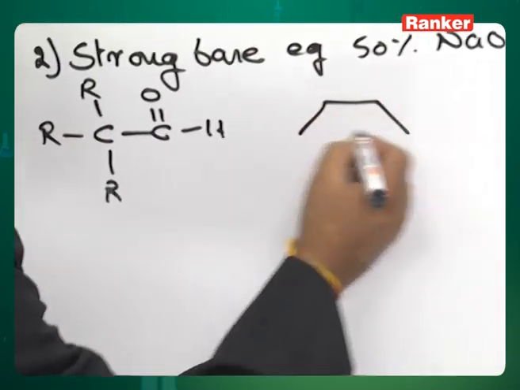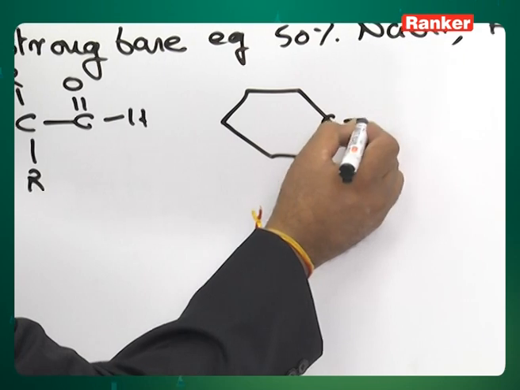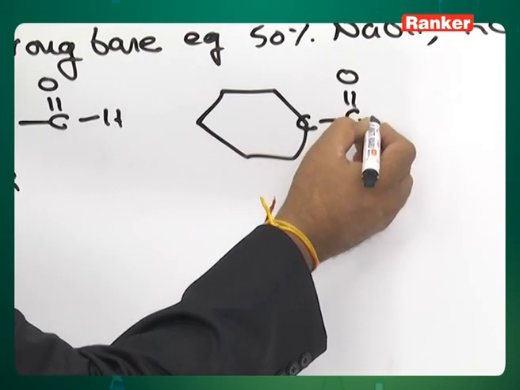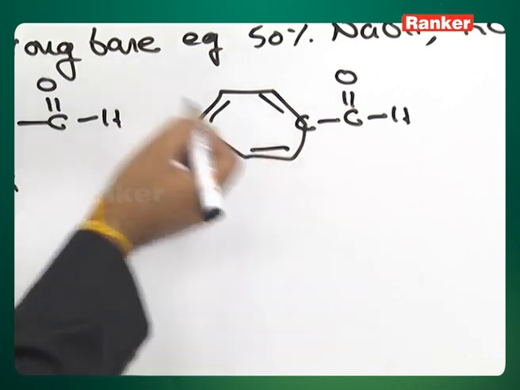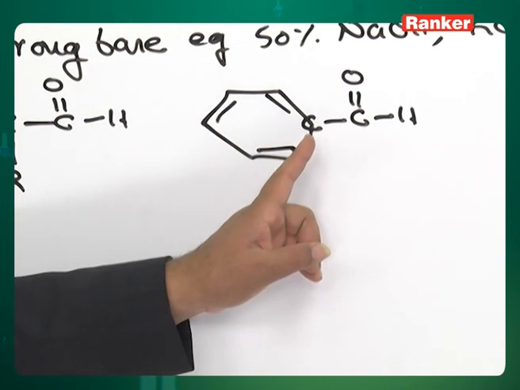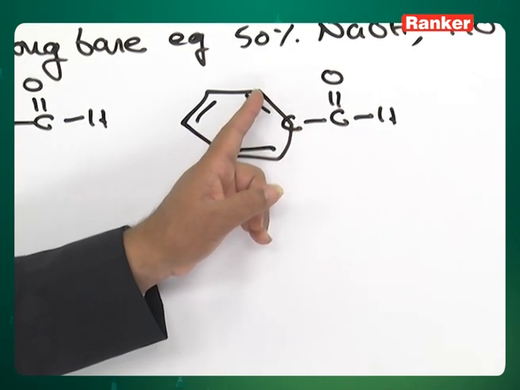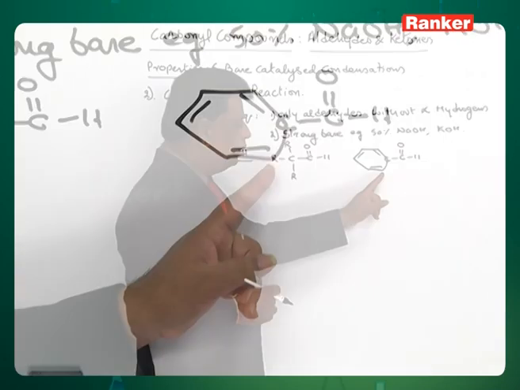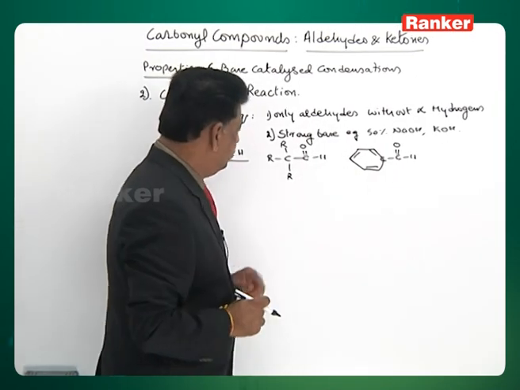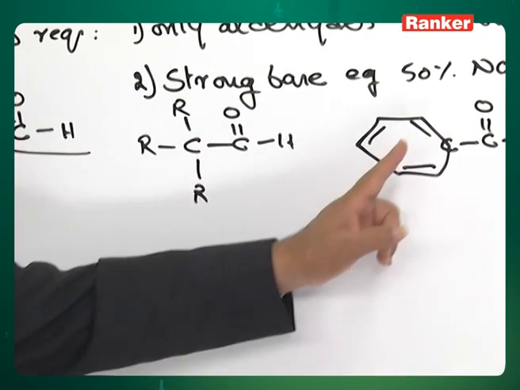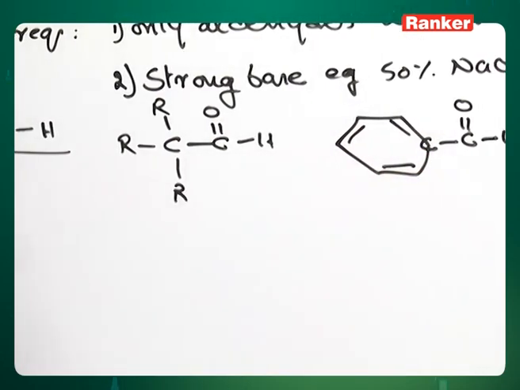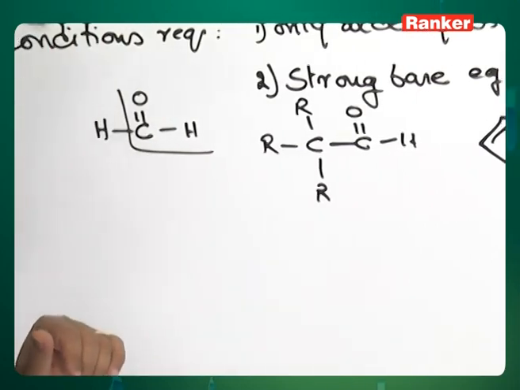Another one is where the alpha carbon is attached to a benzene ring. This alpha carbon is attached by one double bond and one single bond, so there is no hydrogen. Alpha carbon may be there, but no alpha hydrogen. In some cases alpha carbon is also not there.